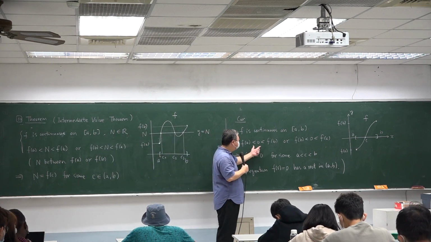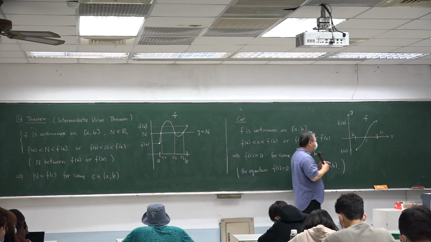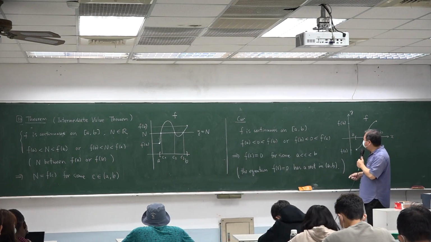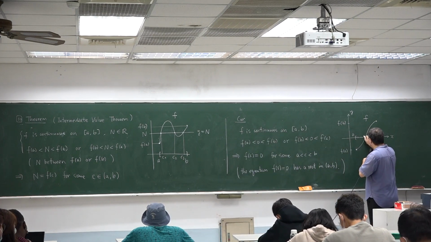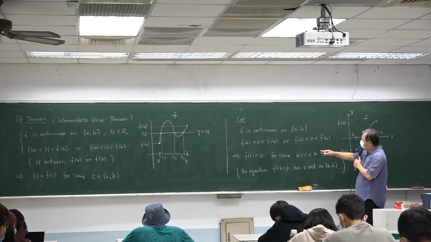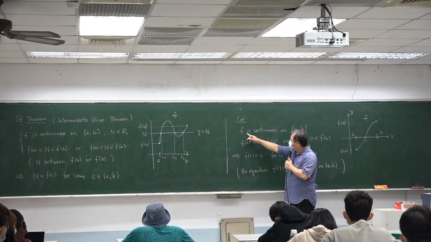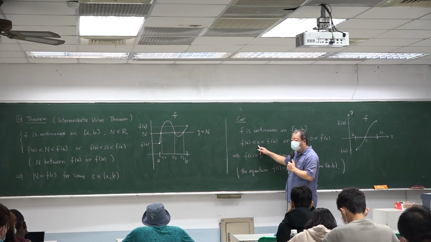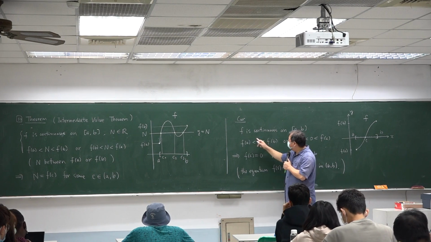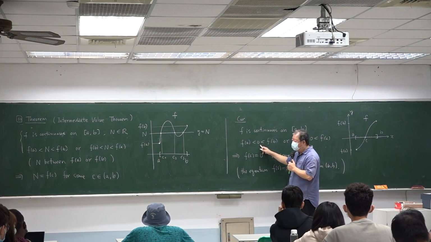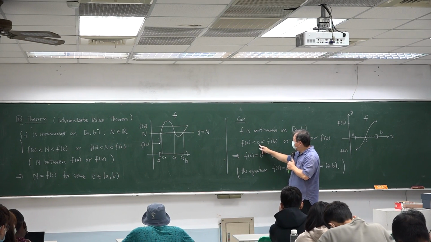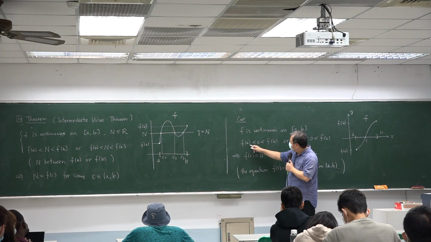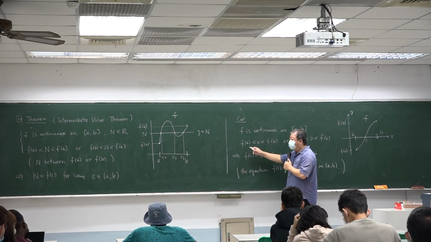This means f is continuous on the closed interval AB. The value of f at A is negative, and the value of f at B is positive. So 0 is a value which is intermediate between these two numbers.